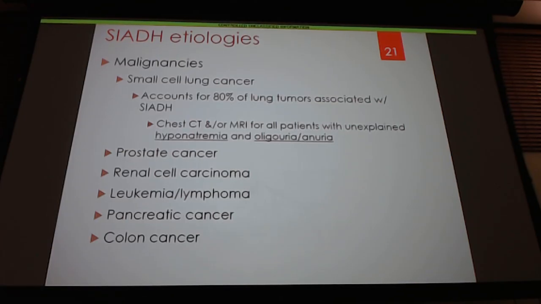Now, if you are in clinic and you have a patient who comes in for a wellness visit and you do a urine and you notice they have really concentrated urine, or maybe they come in complaining, I'm not peeing that much, my urine's dark, and you do a lab workup and it's suspicious for SIADH, and you ask, do you have a history of smoking, or are you a current smoker?